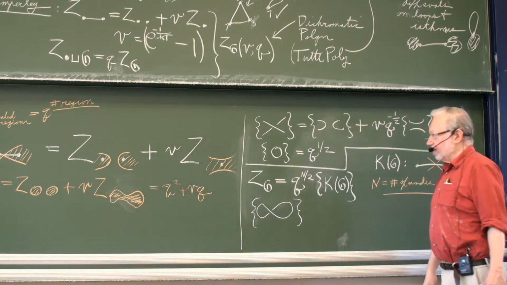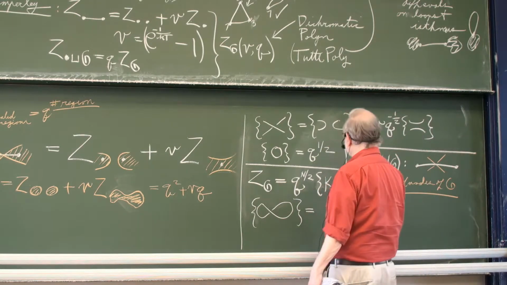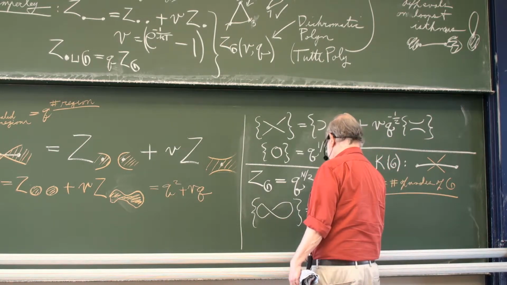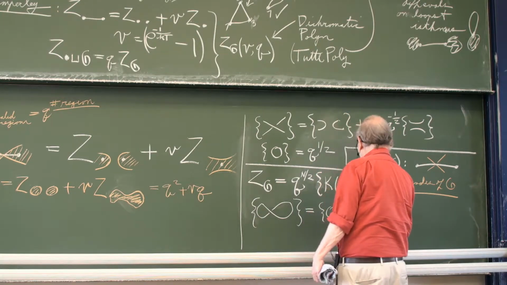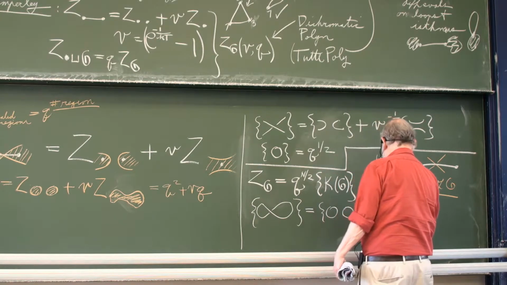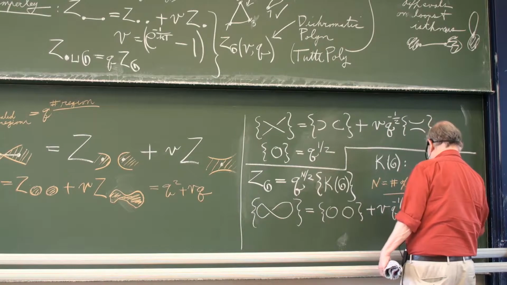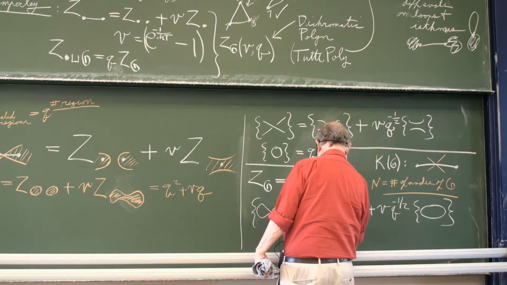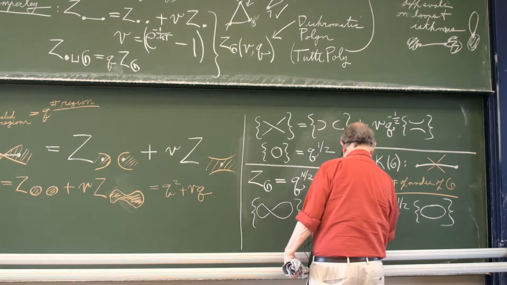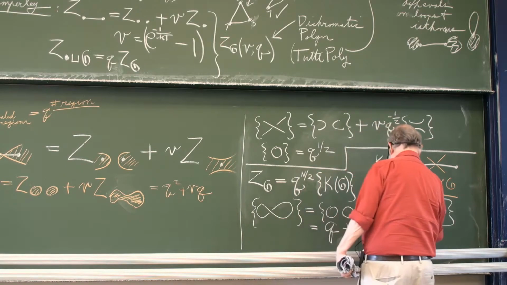That's K of the little line graph, and this is, according to the formula, the evaluation of this guy plus v q to the minus 1/2 times the evaluation of this guy. And this curly bracket, therefore, is q to the 1/2 squared, which is a q, plus v q to the minus 1/2 times q to the 1/2.